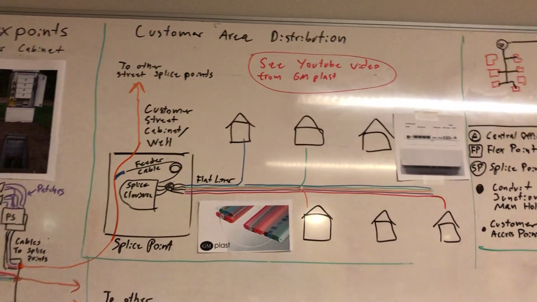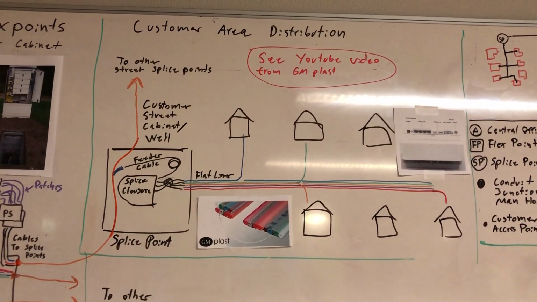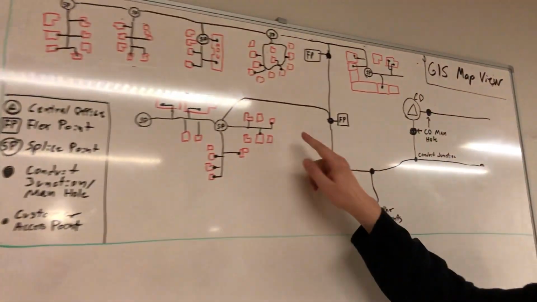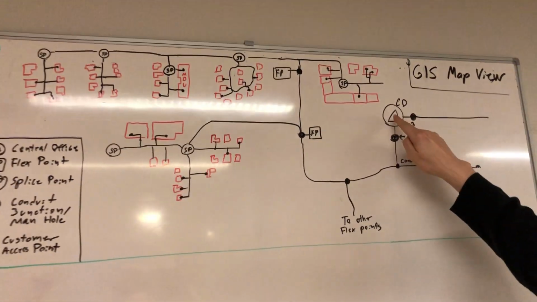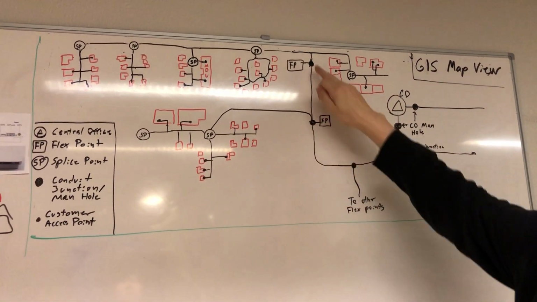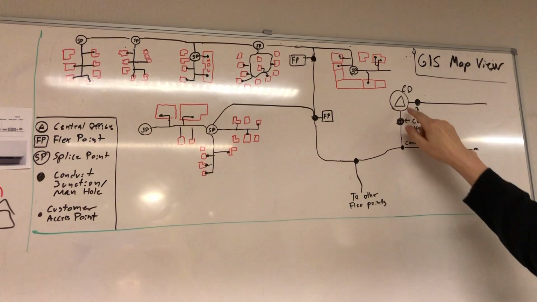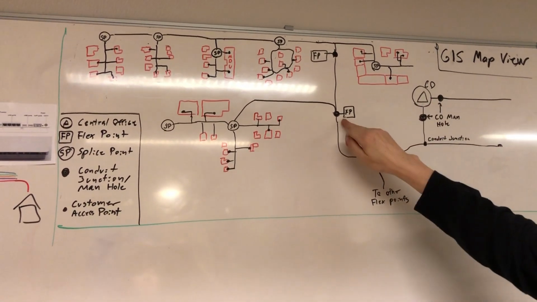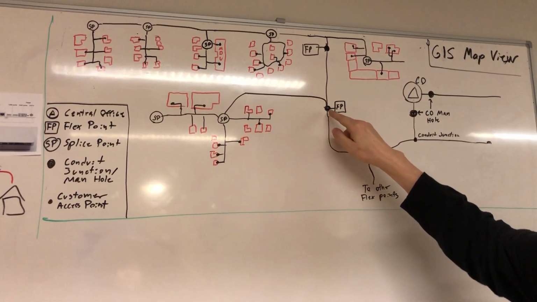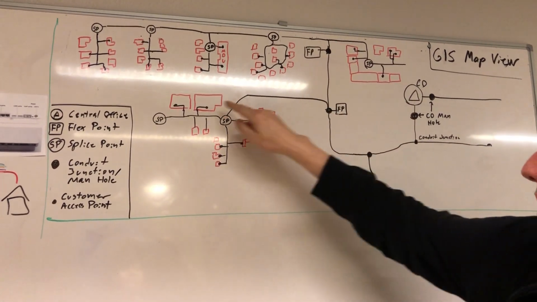So, I think this was a little fast, but if you see up here, maybe I can take this one again. We have the central office with the pipe system going to the flex points, so that they will blow a lot of cable, the big cables, to the flex points. From here, they will spread out the signal and have some cables going to each splice point.